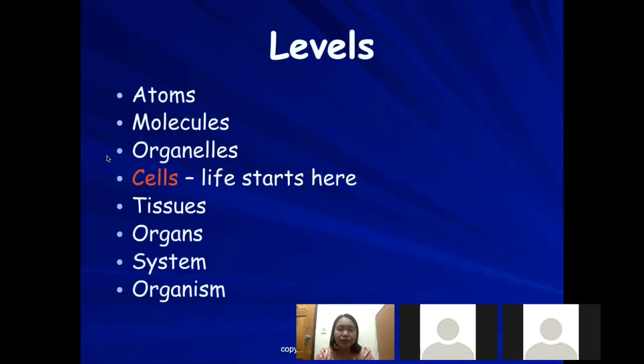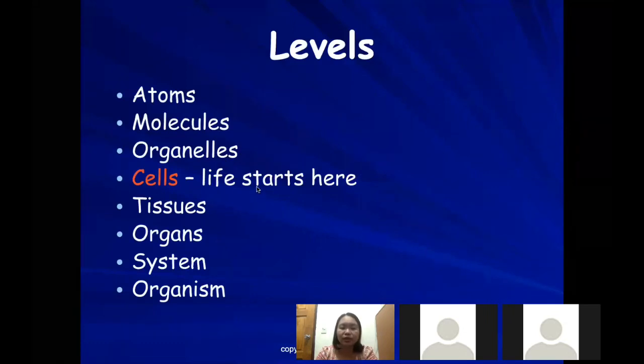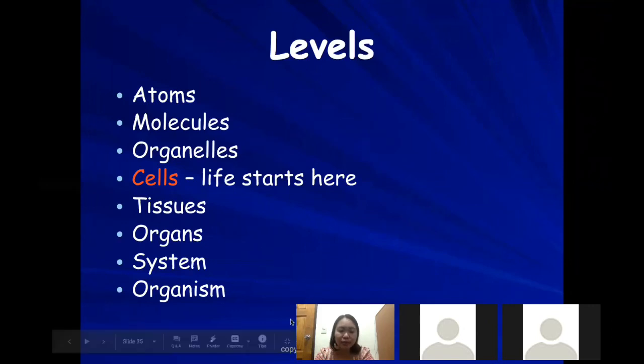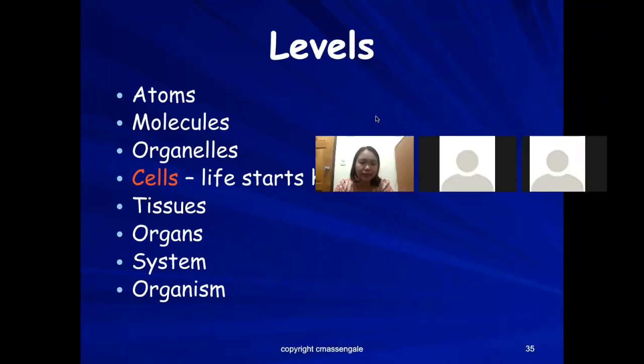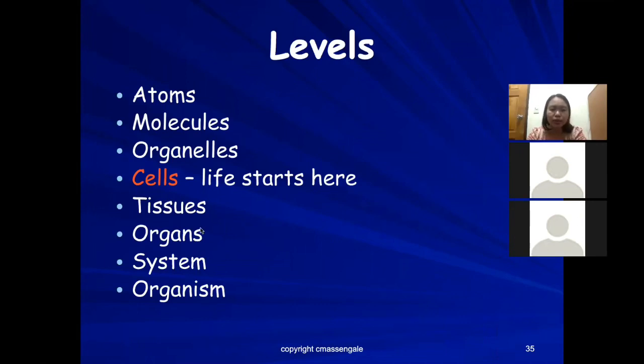And life is also organized into levels. We call it atoms, molecules, organelles, and then cells, where life starts. So actually, there is something smaller than a cell, which is the atom, but when you say basic unit of life, it's actually the cell. And then the next levels are tissues, organ system, and that's why we become an organism.